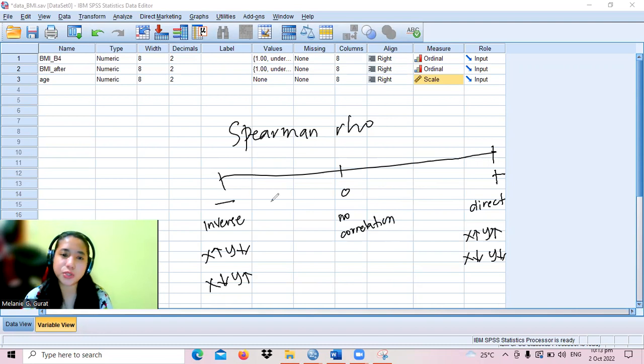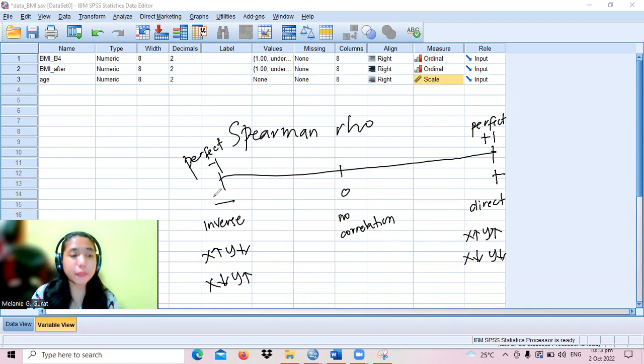So just to recall the meaning of the values obtained. The perfect negative correlation is -1 and the perfect positive correlation is +1. So if you ask me which is higher, the -1 or the +1?